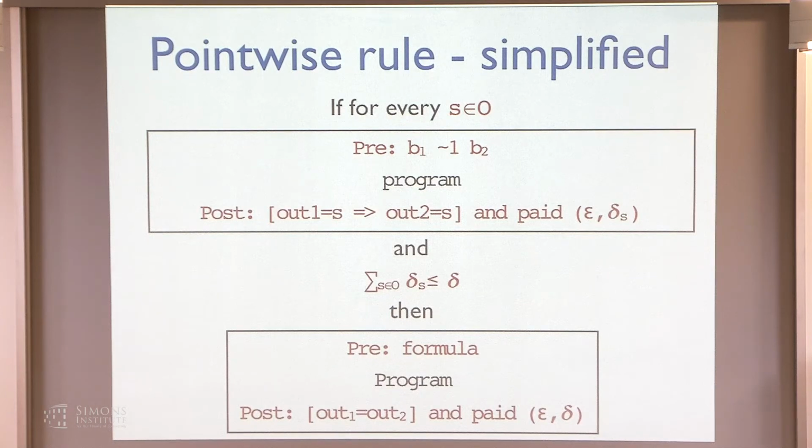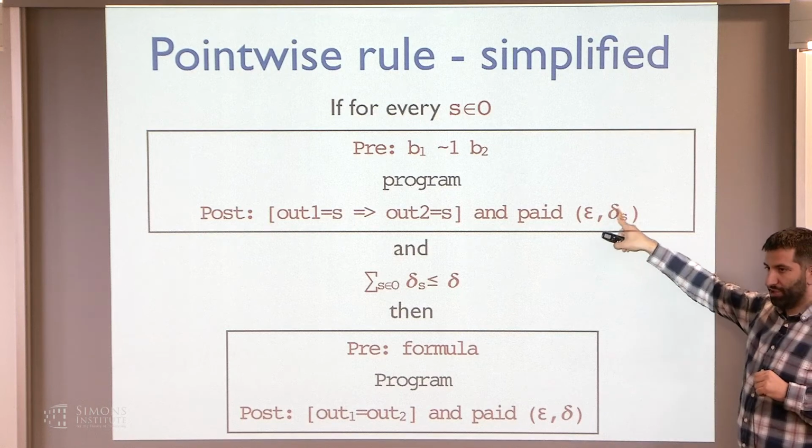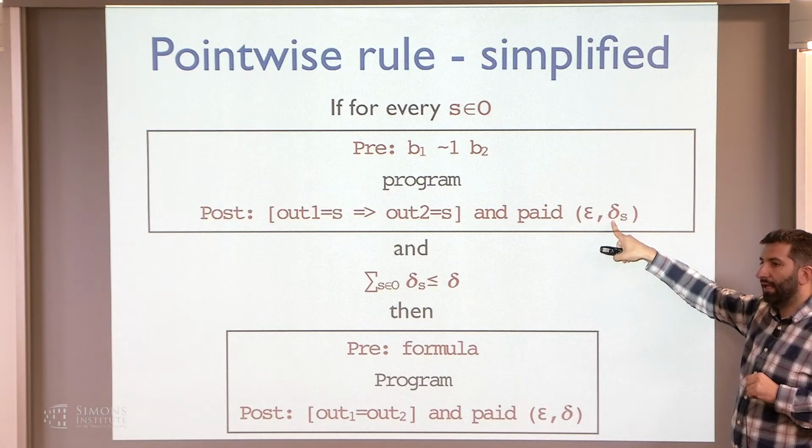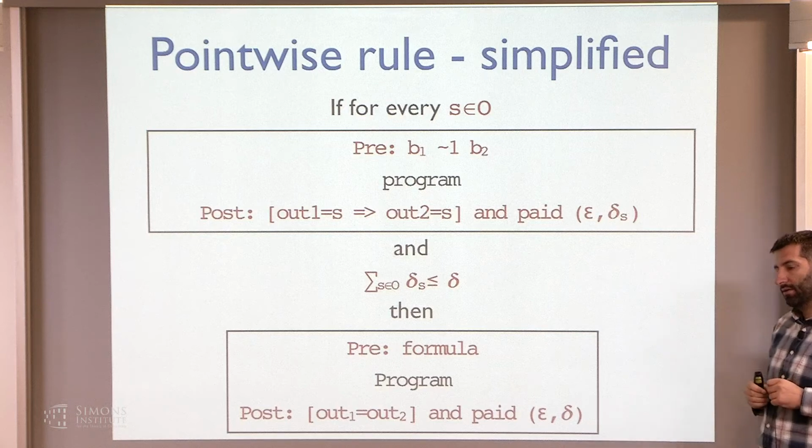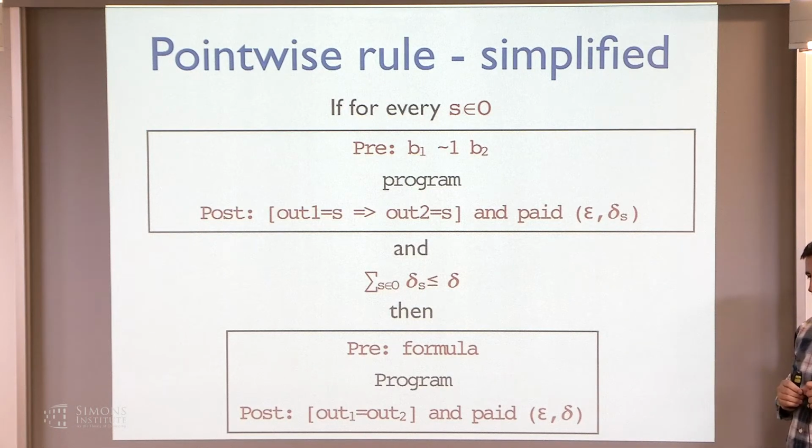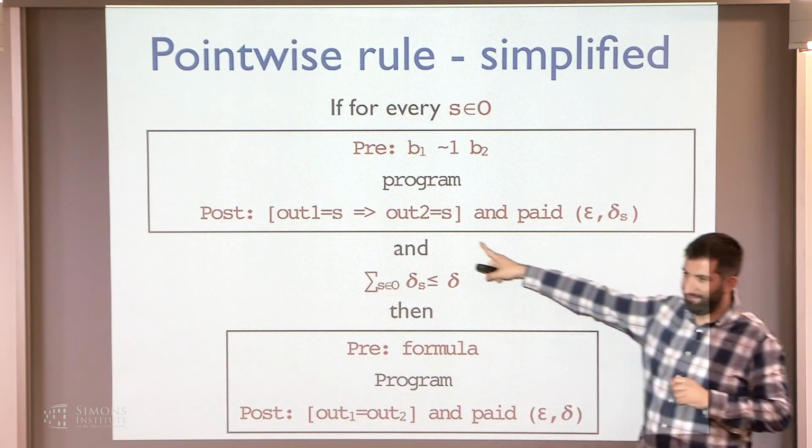Can you explain the first postcondition? So it says if under both inputs you would get output S, and you paid epsilon and delta S, which is specific to S. Maybe this exposes something I was confused about: what does the statement paid epsilon delta actually mean, in particular in conjunction with this condition?